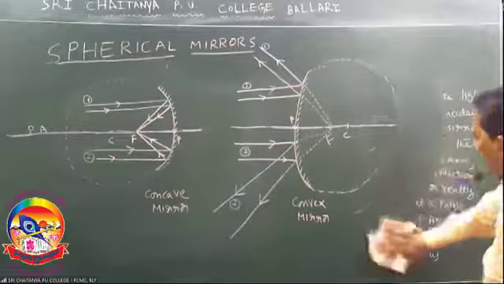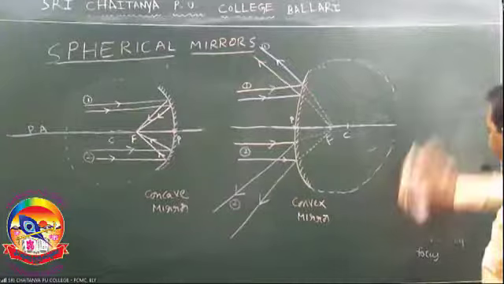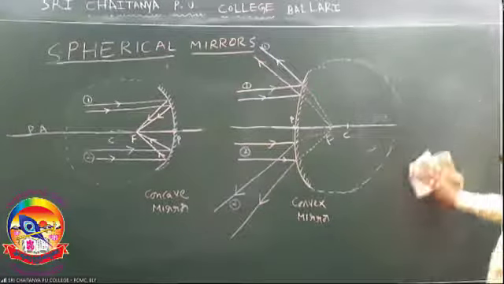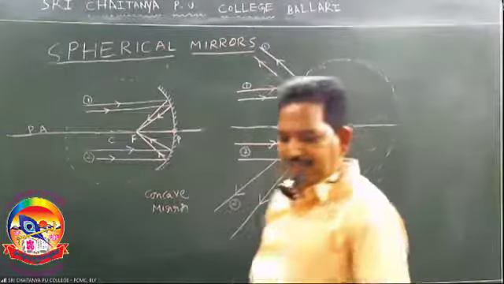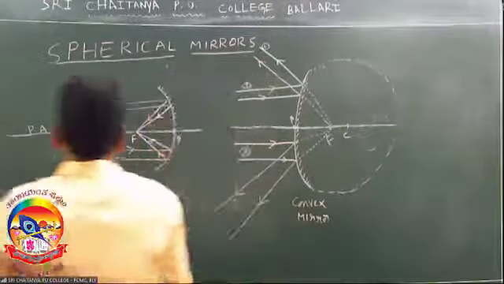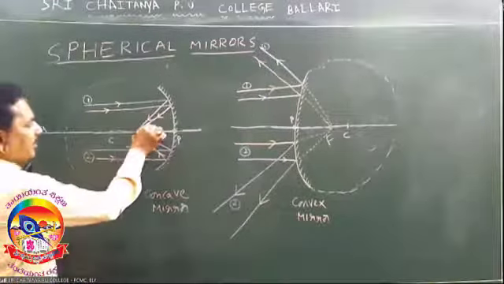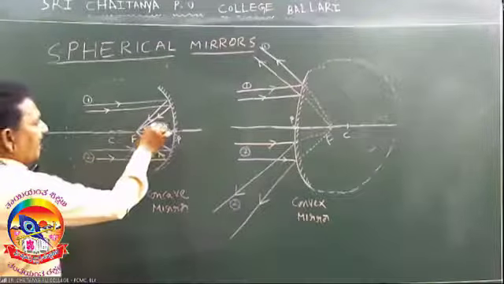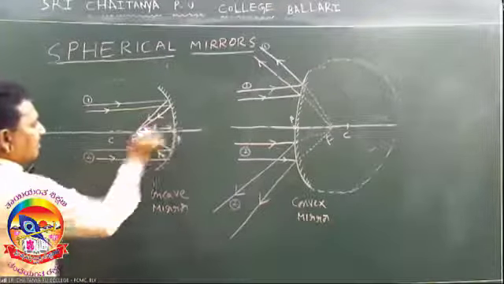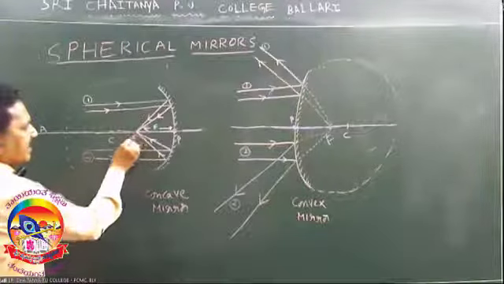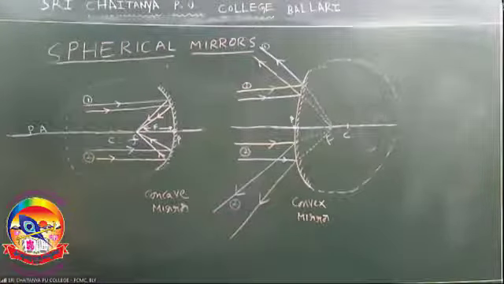How to define the focal length of a mirror? The distance between the pole of the mirror and the principal focus is called the focal length.